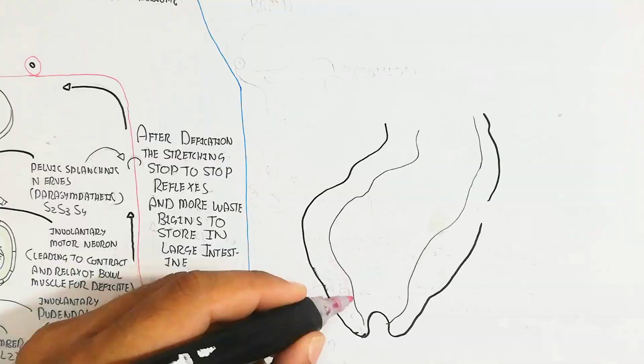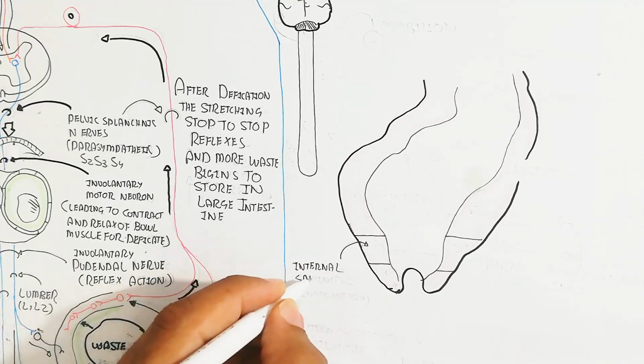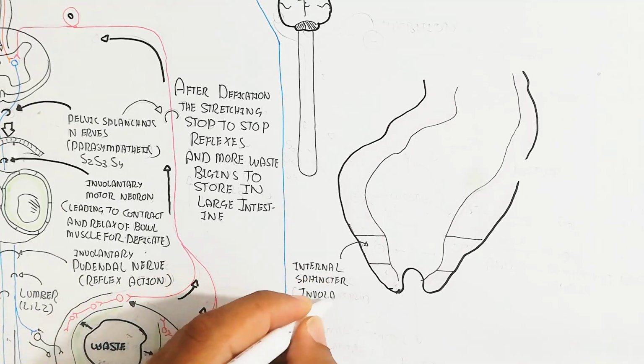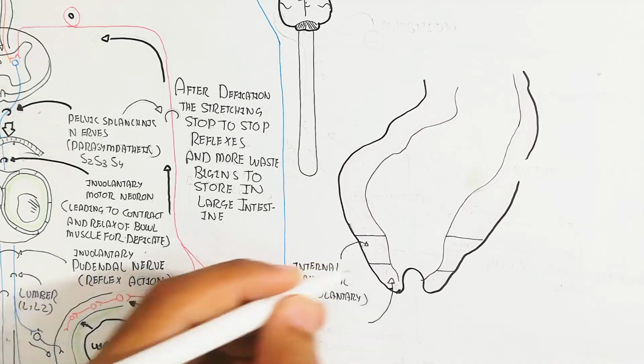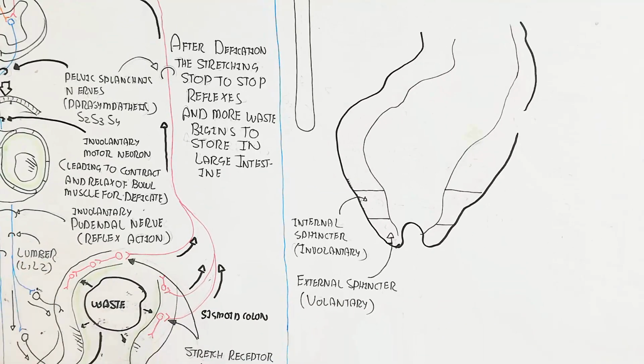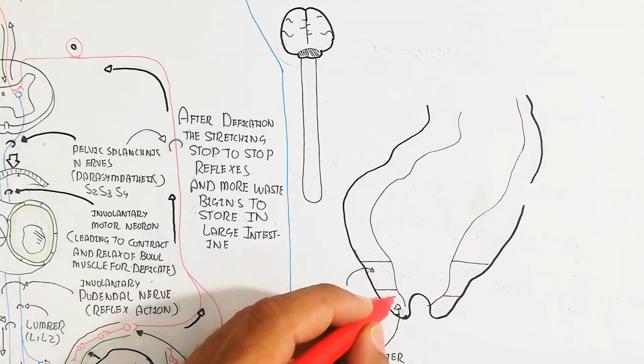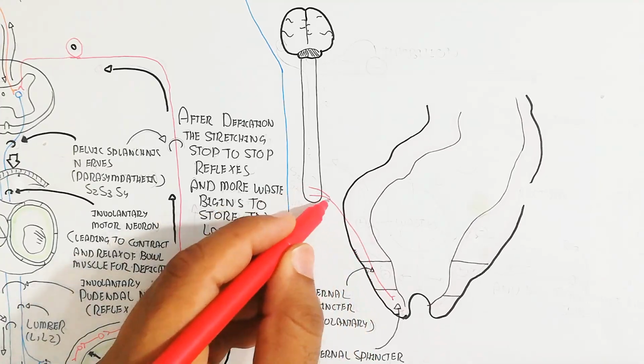Anyway, let's go through a summary so you can understand easily. Remember, the internal sphincter muscle is involuntary, while the external sphincter muscle is voluntary. It is controlled, for example, by the sacral 2, 3 and 4 nerves.